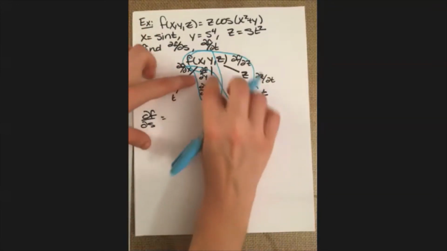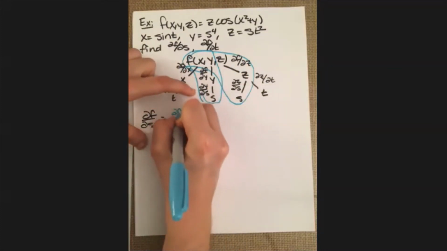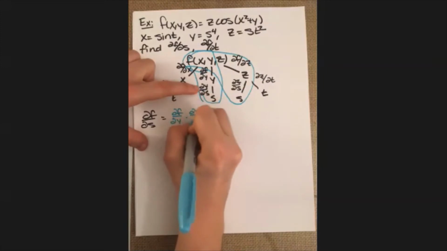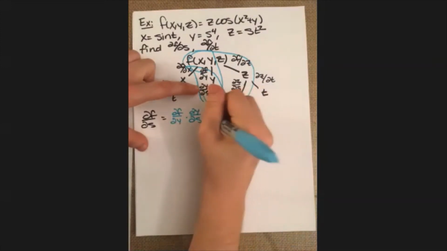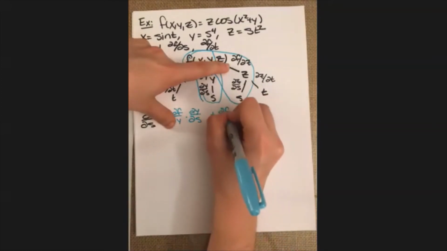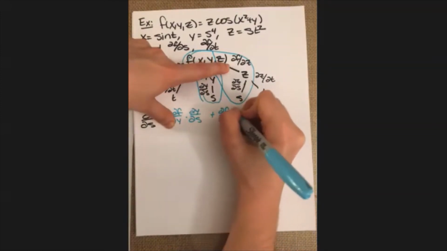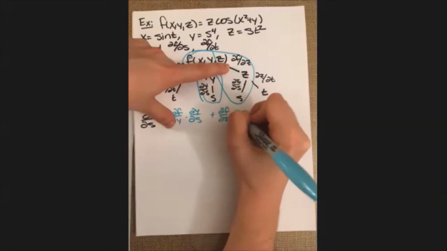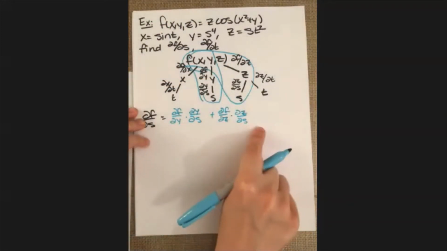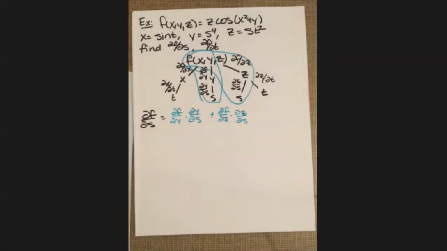This first path here is df dy, or partial of f with respect to y, times partial of y with respect to s. And then we're adding to it this path here. So that's going to be partial of f with respect to z times the partial of z with respect to s. So now we just have to compute each of these 4 parts, multiply them together, add them together, and that will be that.